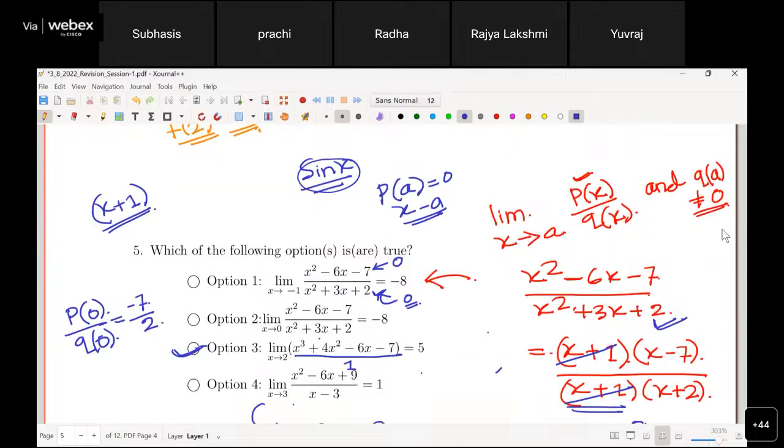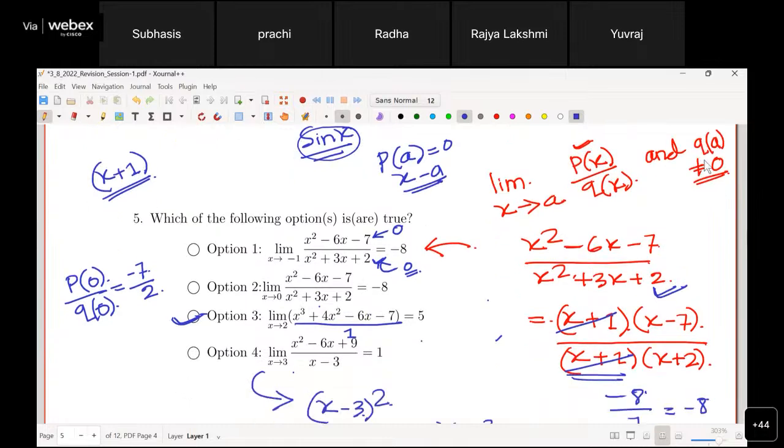But the problem, as I said, is you need to check whether Q of a is non-zero or not. In this case, Q of a is basically 0. So you can't directly apply it. You need to factorize it again, and then you can apply it. Understood.